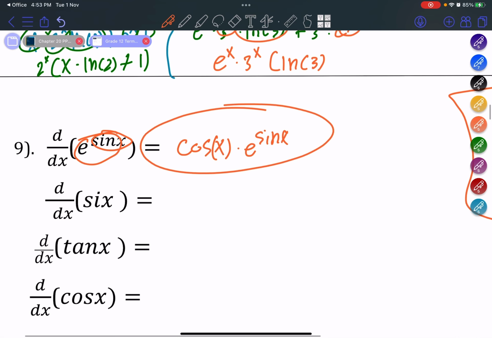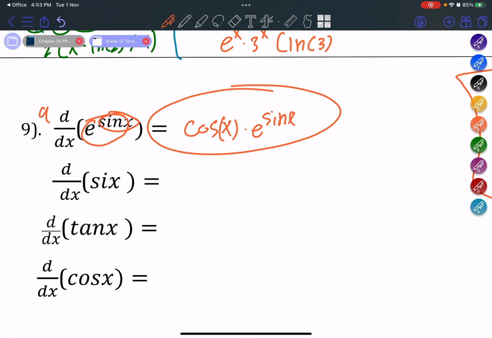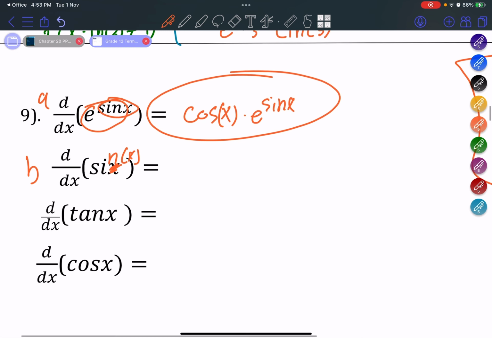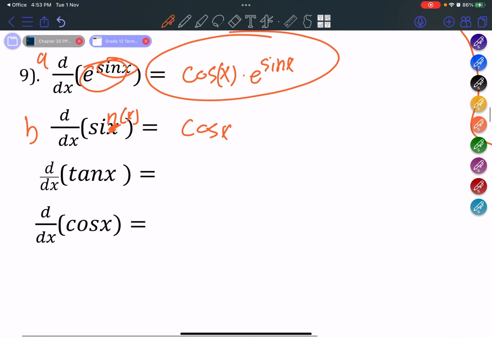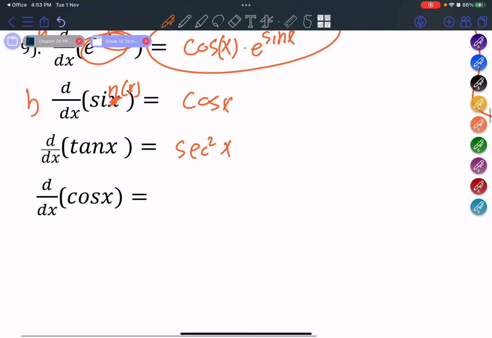So this is for question number 9a. B is basically, this is supposed to be sine x and not 6. So the derivative of sine x we said is cosine x. The derivative of tan x we said is secant square x. And the derivative of cosine x we said is negative sine x.